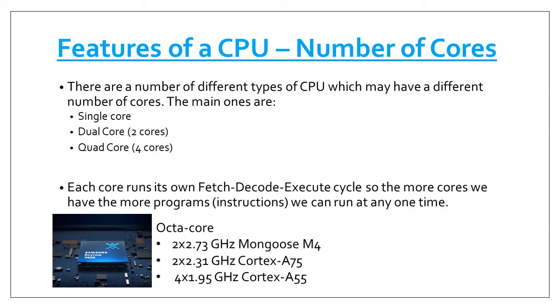Now, this picture here is a simulation of the CPU in my Samsung Galaxy S10. So this is an 8-core processor, but it's split down into 3 categories. So we have 2 times 2.73 gigahertz Mongoose processors, 2 times 2.31 gigahertz A75 processors, and then 4 times 1.95 gigahertz Cortex A55 processors.